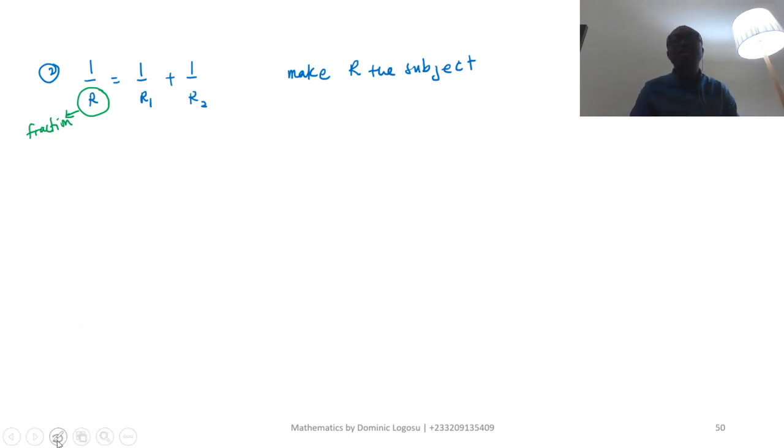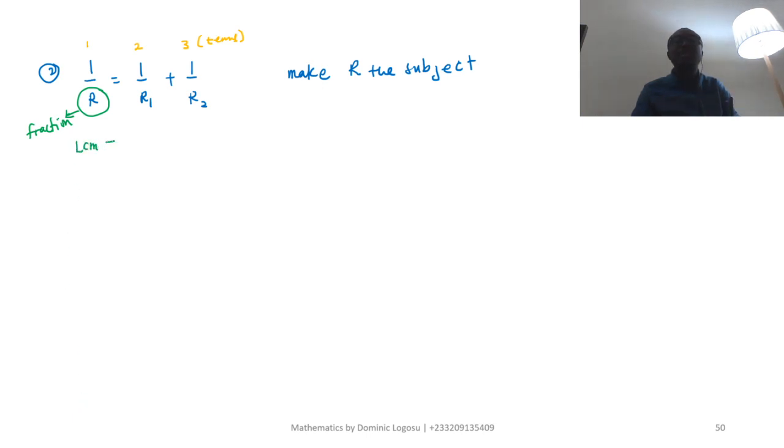To do that, the first thing we need to do is count the number of terms we have in this equation. We have 1, 2, 3, so in all 3 terms. Now we need to find the LCM.